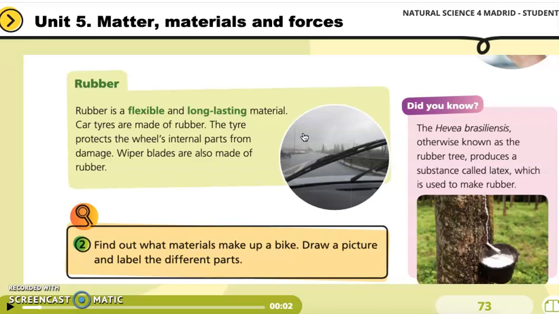Why do cars contain a lot of plastic? Because plastic is strong, light, long lasting, and cheap.